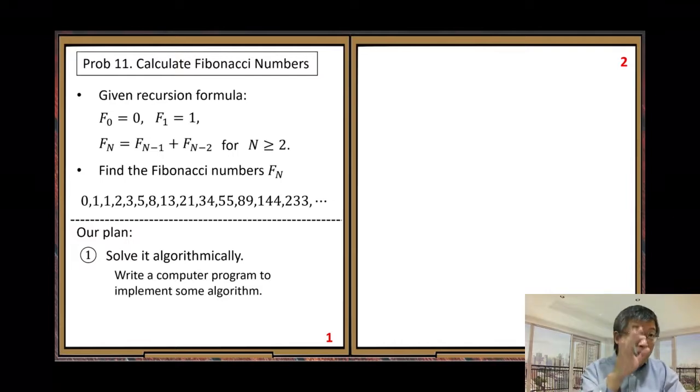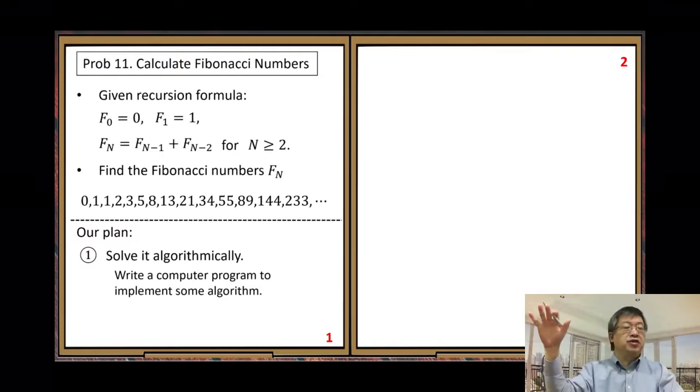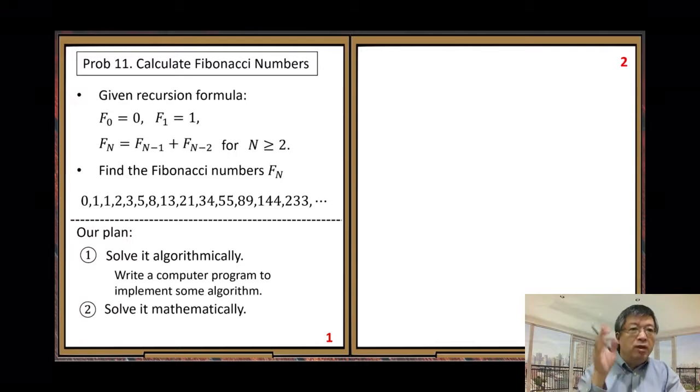So we may have different methods to solve this problem. But the whole thing, if we solve it using computer algorithms, that's the first approach. Then the second, solve it mathematically.